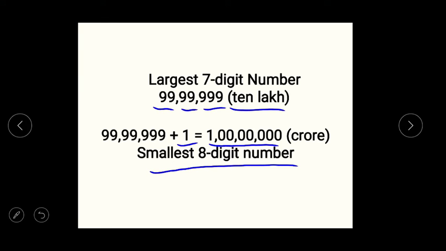How many zeros does 1 crore have? 1, 2, 3, 4, 5, 6 and 7. A 1 crore has 7 zeros. Okay?